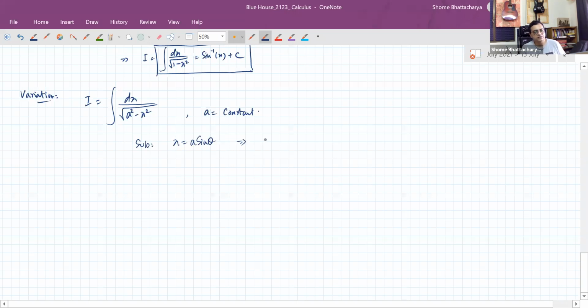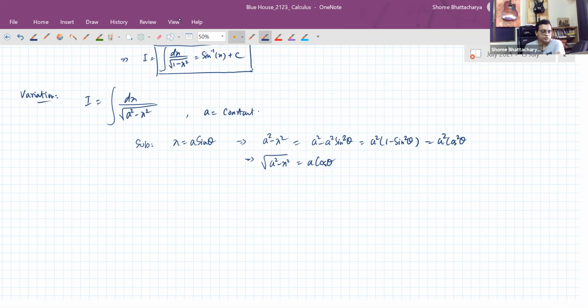So then what happens is that this term a square minus x square becomes a square minus a square sine square theta, becomes a square cos square theta. So therefore we can substitute the whole denominator as a cos theta. Now try to complete the steps yourself. The rest of you, everybody also.